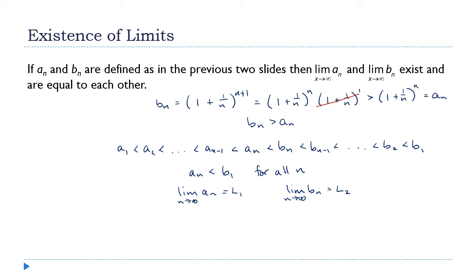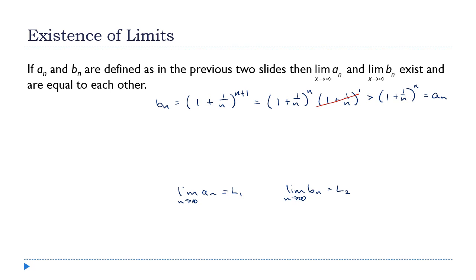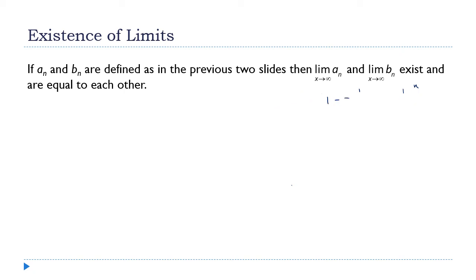Now I want to show that these two limits are the same. All right, here's how I'm going to do that. First, I try not to do this, but I really am out of room. So let me make some space. We'll get some room to work here. What I'm going to do is look at the difference between these two sequences.